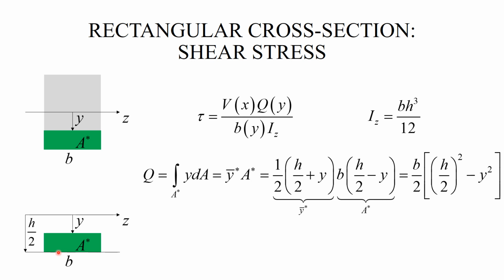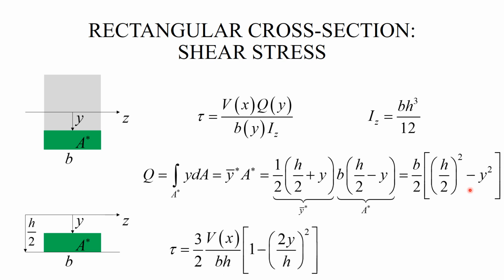There are other ways of arriving at this expression, but all of them really lead to the same result. So once we simplify things a bit, we obtain the expression for the shear stress.